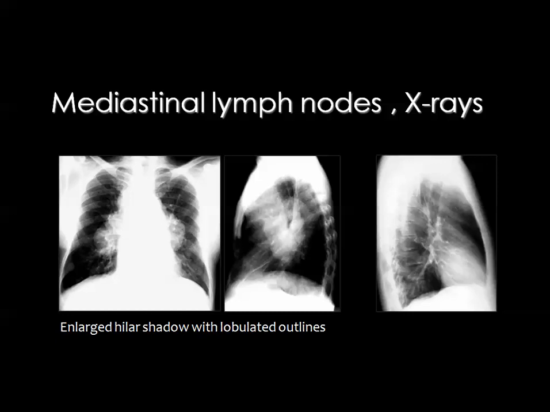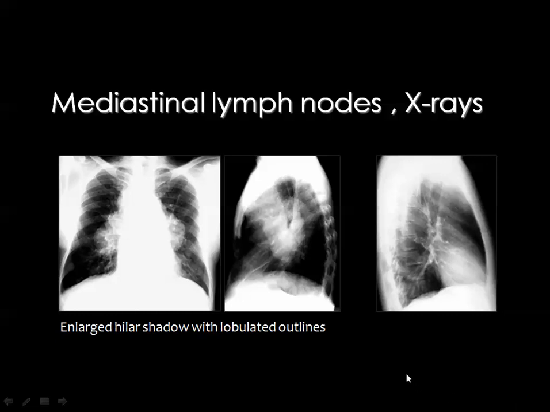In order to differentiate, we have to have the lateral X-ray. If these are nodes, there will be an extra density superimposed on the hilum, diagnostic of lymphadenopathy. But if you don't see any extra density superimposed on the hilum, you consider this appearance belongs to vessels.